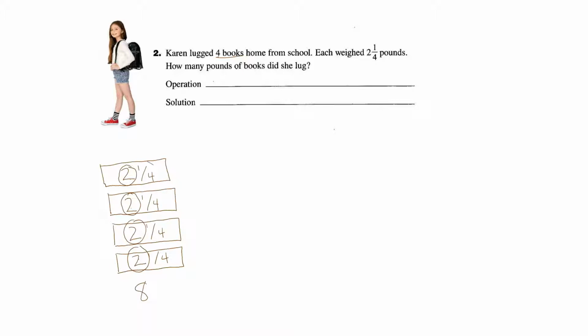And here we have a fourth, a fourth, a fourth, and a fourth. So we have 1, 2, 3, 4 fourths, which equals 1 whole. So if we add 8 plus 1, we get 9. So our answer is 9 pounds.